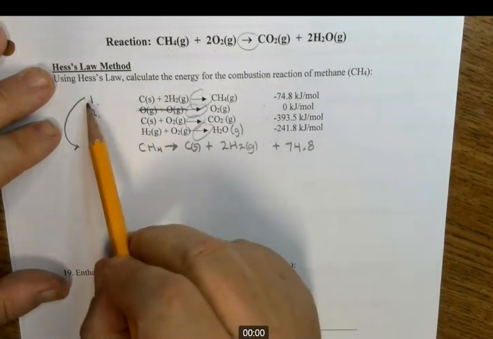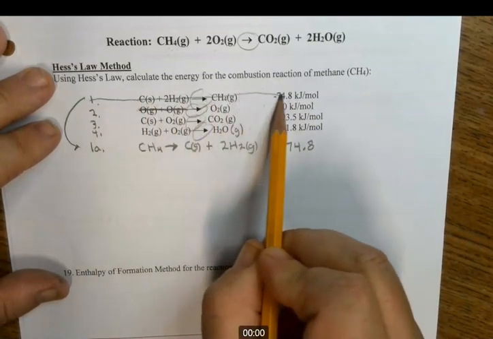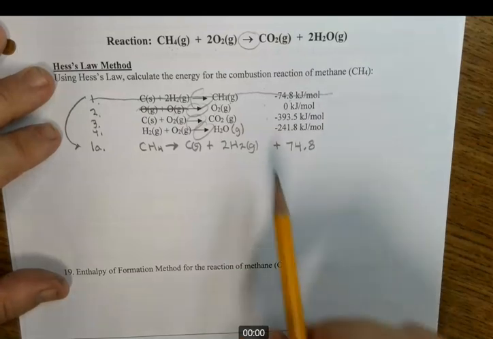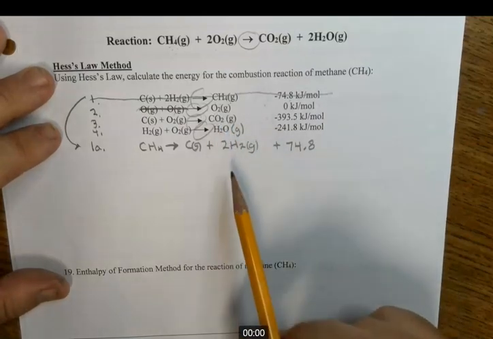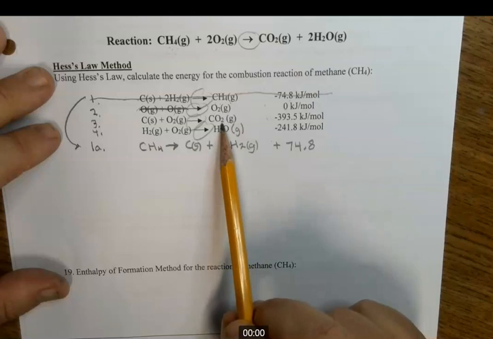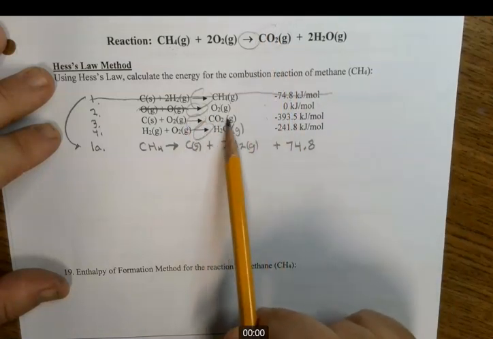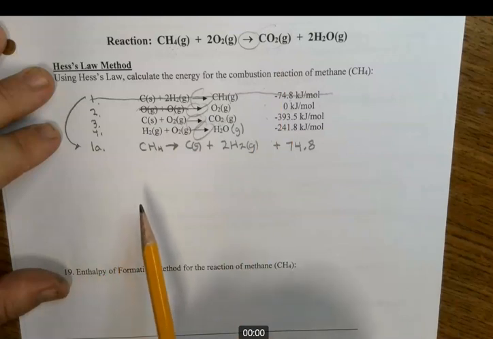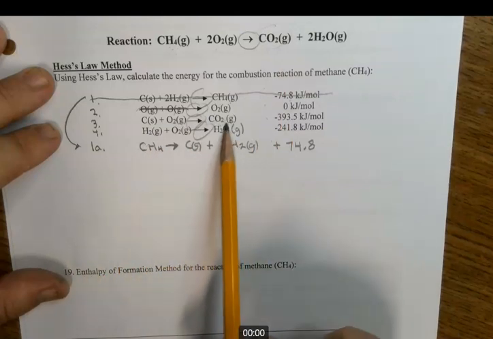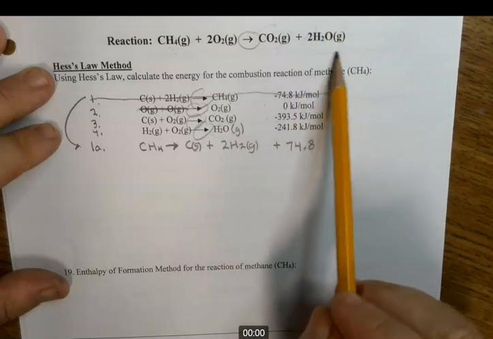I'm going to go ahead and lightly put a line through this so I don't use it again. All right, the next one we just have O2. We're going to leave that. Carbon dioxide does appear on the right-hand side here, and it appears on the right-hand side there, so we're not going to change equation 3. Equation 4 has water on the right-hand side and on the right-hand side here.